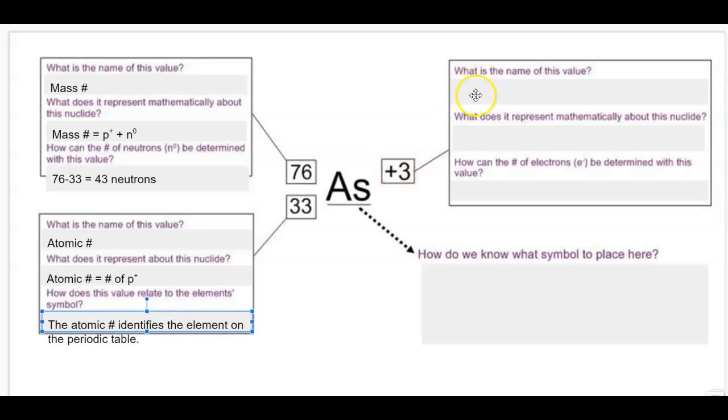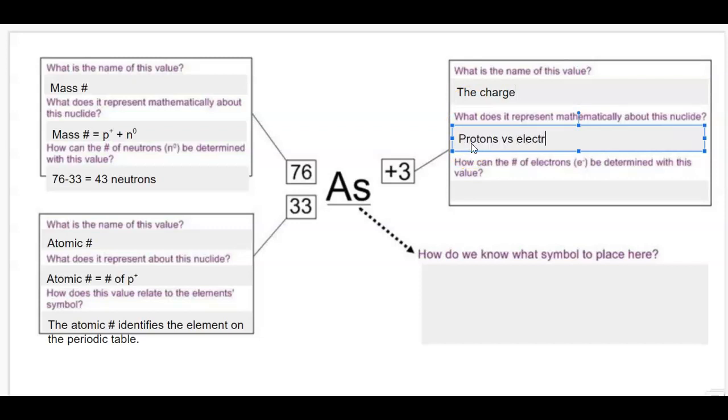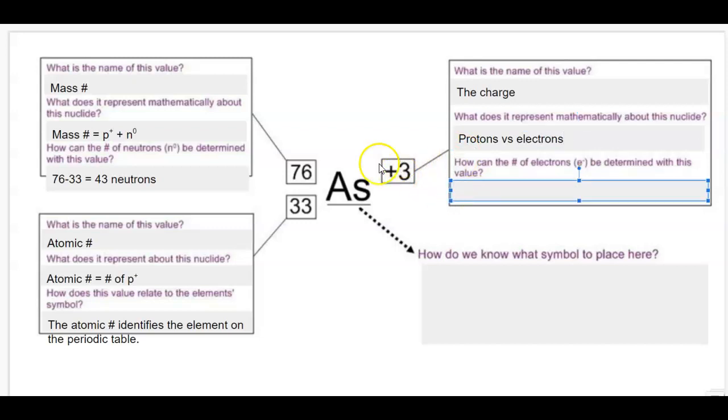Okay, what is the name of this value here? It's the charge. And what does it represent mathematically? Protons versus electrons. How can the number of electrons be determined with this value? Take the atomic number 33, do the opposite of the charge. It says positive 3 charge, so 33 minus 3 equals 30 electrons.